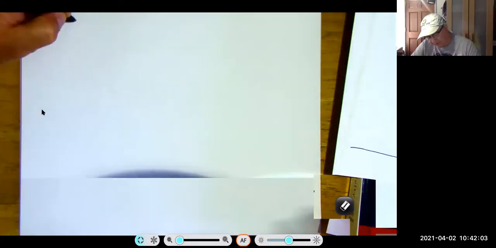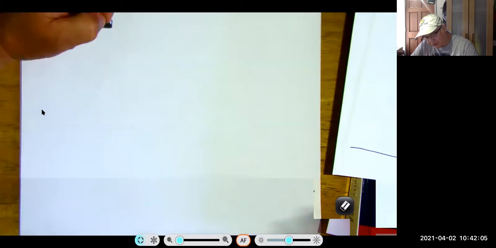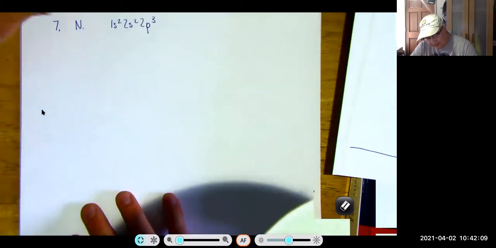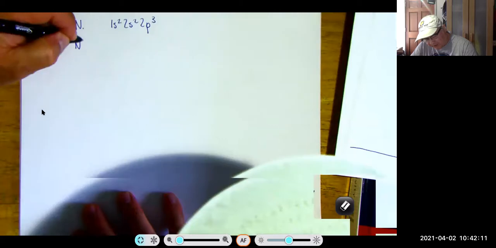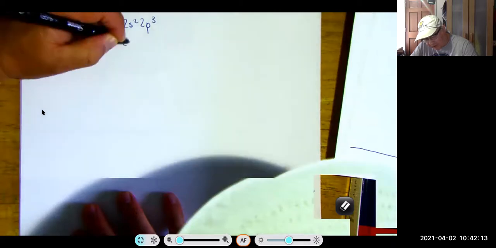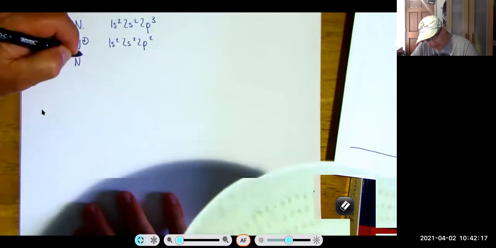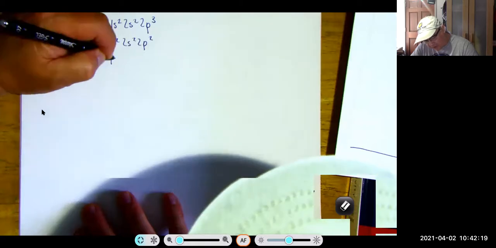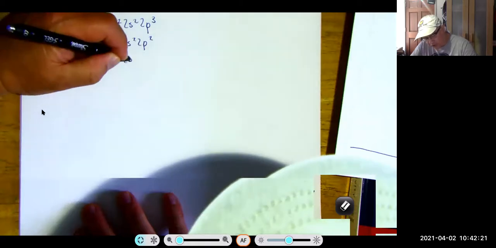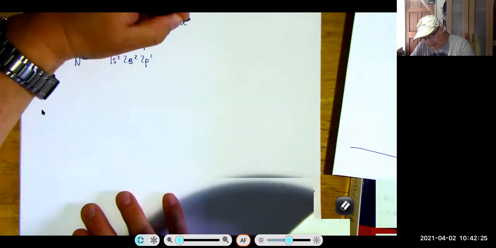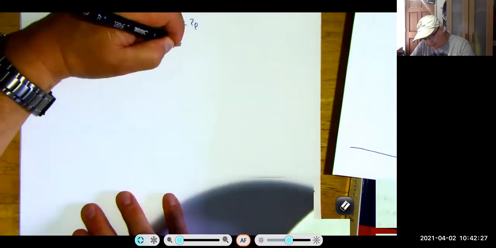For nitrogen, it's 1s2, 2s2, 2p3. Then to make an N plus 1, it's going to be 1s2, 2s2, 2p2. And to make an N plus 2, it's 1s2, 2s2, 2p1. So here we take a 2p, and here we take a 2p, right?